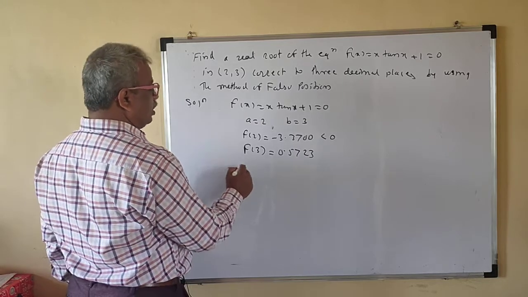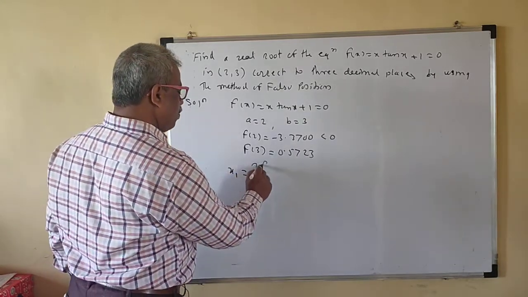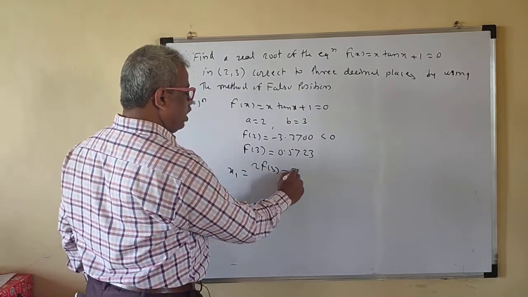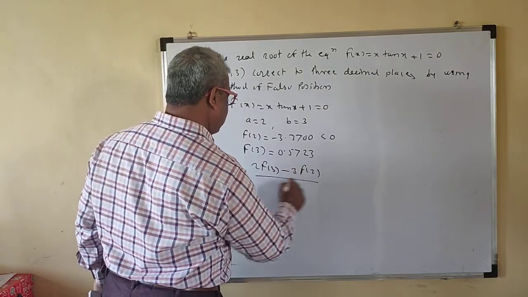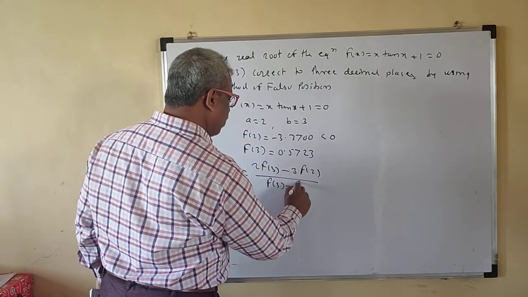The root lies in 2 and 3. So x1 is 2 into f of 3 minus 3 into f of 2, upon f of 3 minus f of 2.